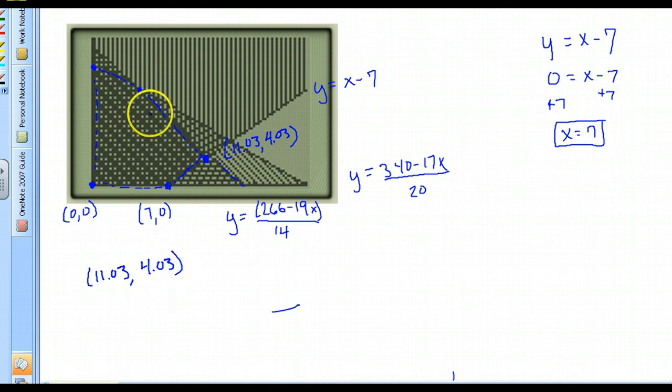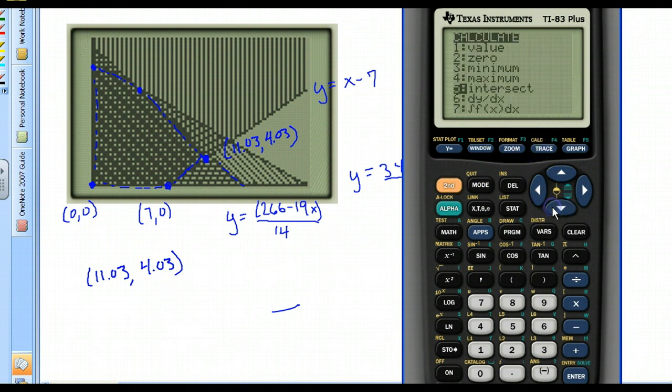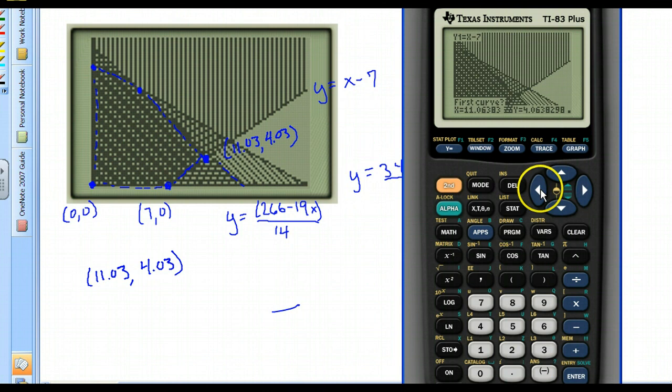Alright, now this point right here is the intersection of this line, 340 minus 17x over 20, and that 266 minus 19x line. So we're going to go back to our calculator. We want the intersection this time of not y1 this time, but y2, and if you can see it, there's y3.